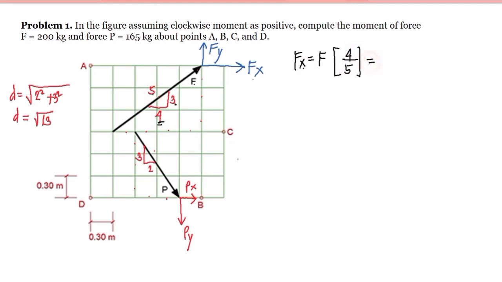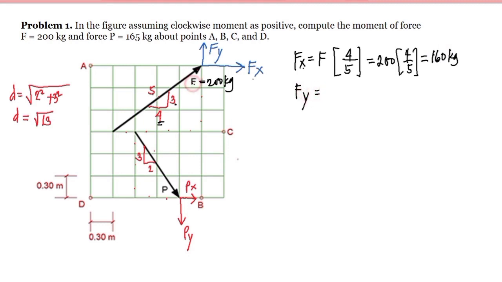Since F is equal to 200 kilogram, we have 200 multiplied by 4 over 5, and that would give us 160 kilogram.